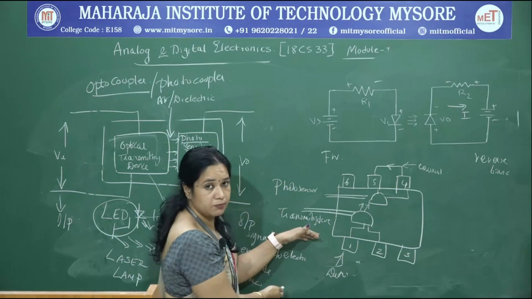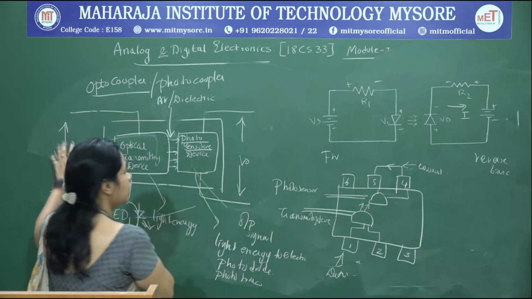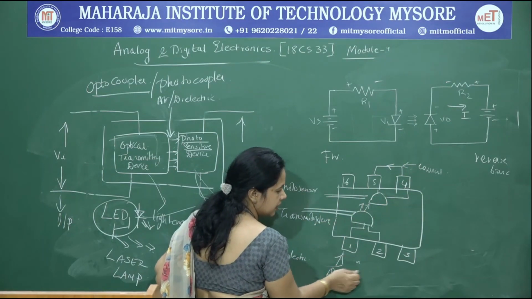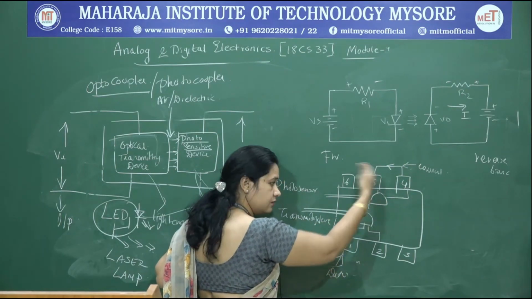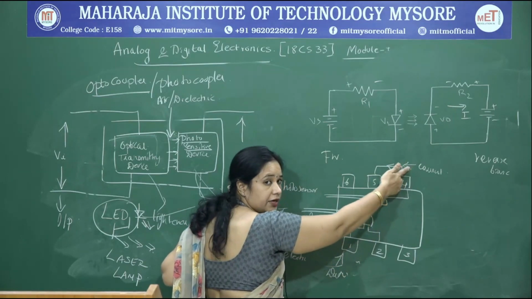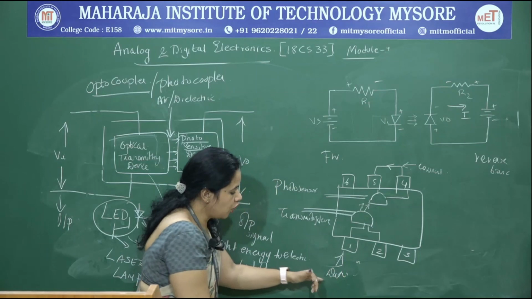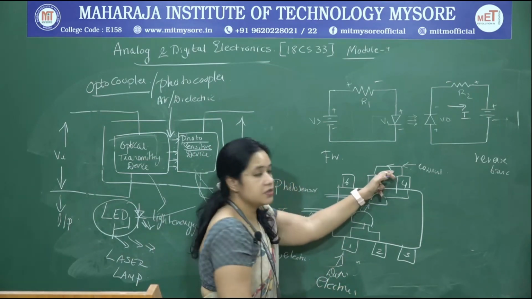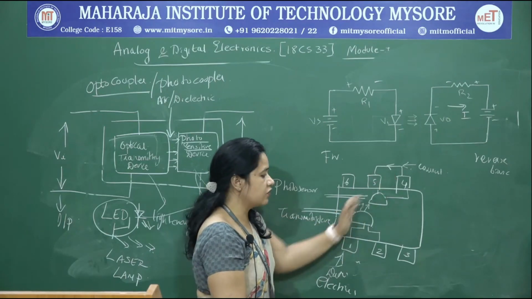This happens to be the input part of the optocoupler, and this happens to be the output part. So what we do here is the electrical signal is converted into light signal, and this is picked up by the sensor and converted back to current signal. As a result, you are transmitting your electrical signal from this portion to this portion. Why this conversion?